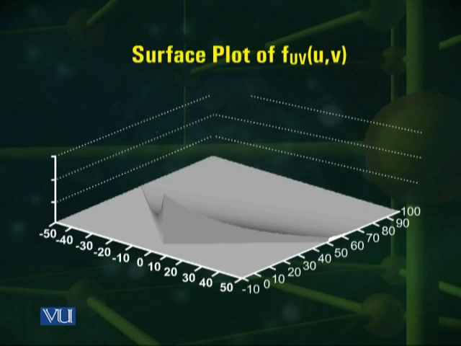And the peak is at the origin 0, 0, and then it slopes away as we move into the first and second quadrant. Now the joint PDF is defined over half of the first quadrant and half of the second quadrant. So as we move towards the positive V-axis away from the origin in either the first or second quadrant, the PDF falls down.